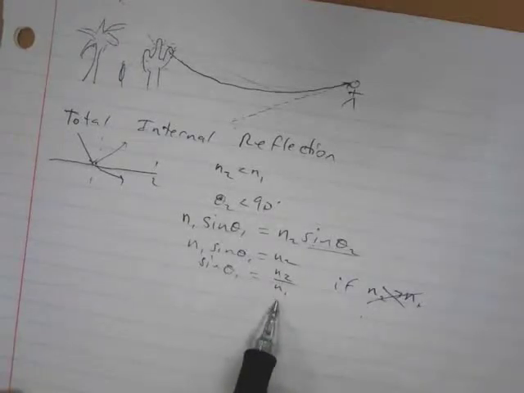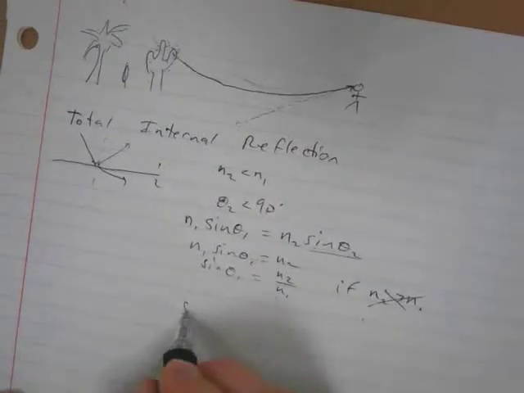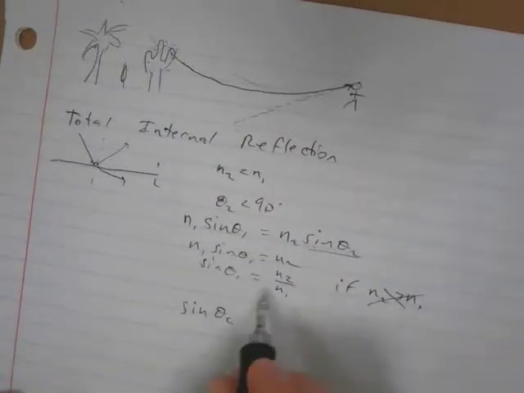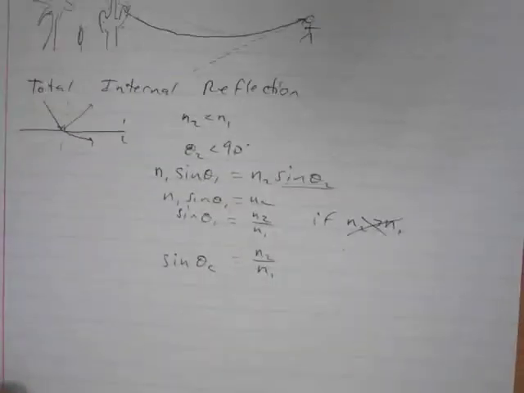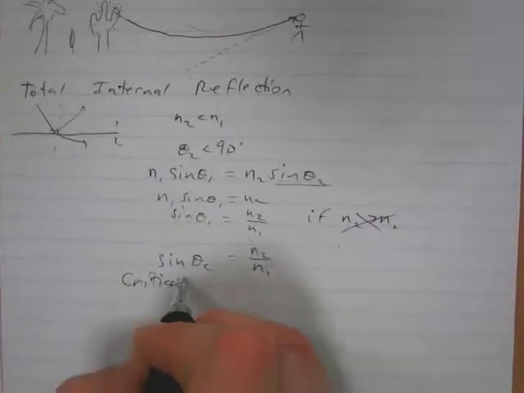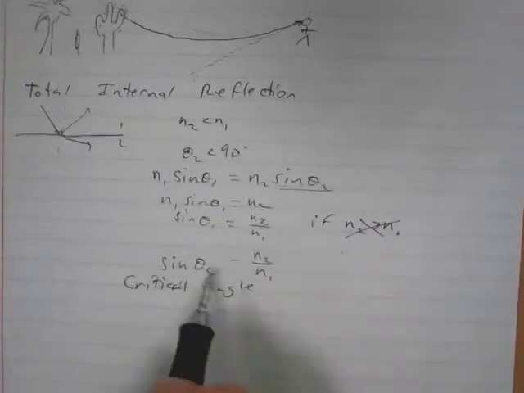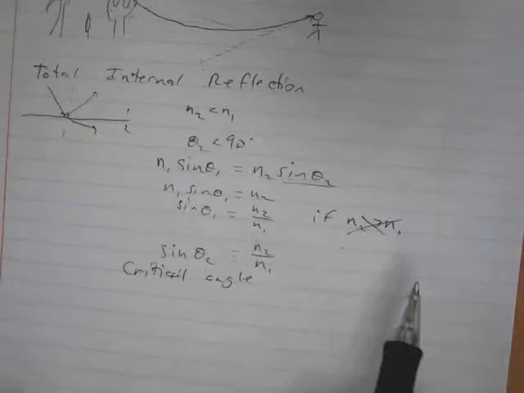And for theta 2 to get to that limit of 90 degrees, the incoming angle has to be equal to the ratio of their indices of refraction. That's called the critical angle, because if that angle is reached, then there will be what's called total internal reflection.